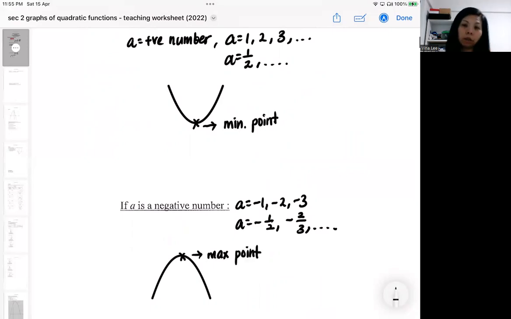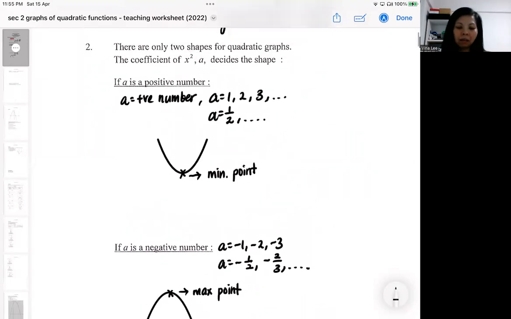So there are only these two shapes. But sometimes there are students, even at Sec 3 or Sec 4, who cannot make out when they will have a smile face and when they will have a sad face.